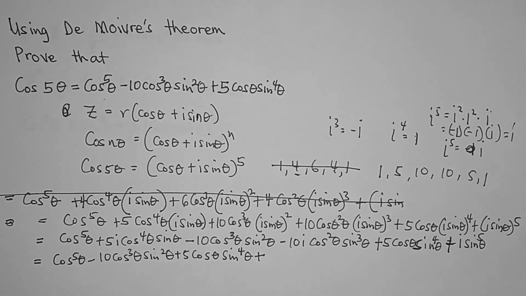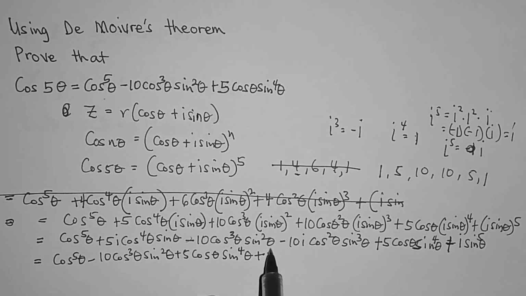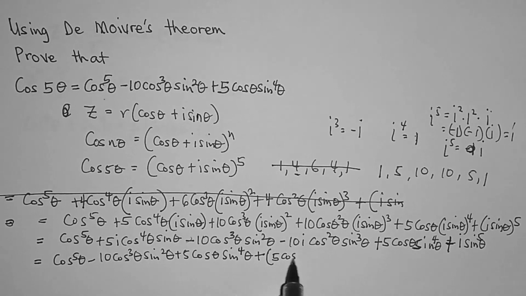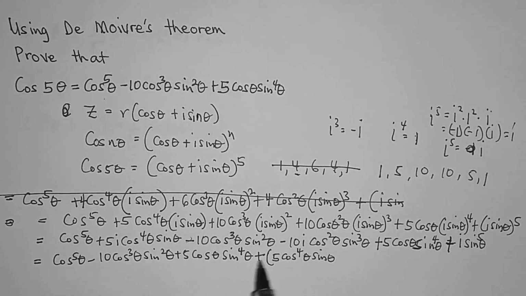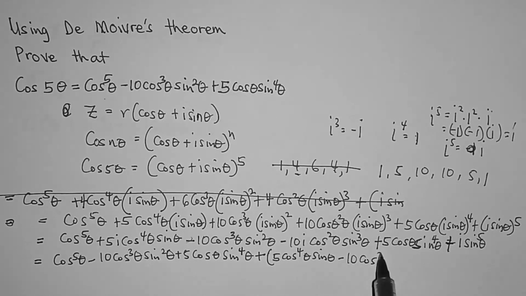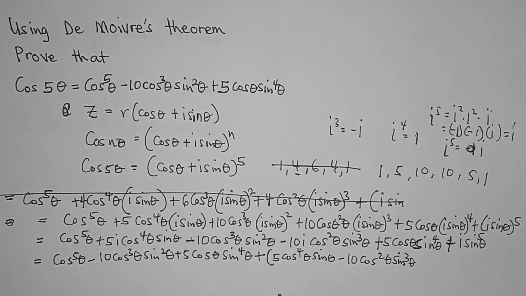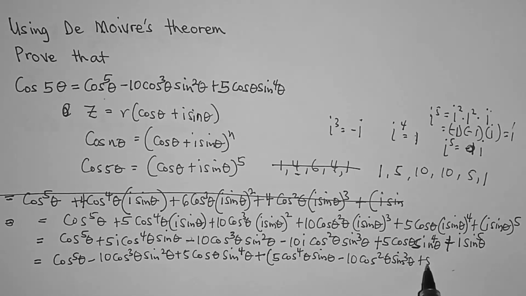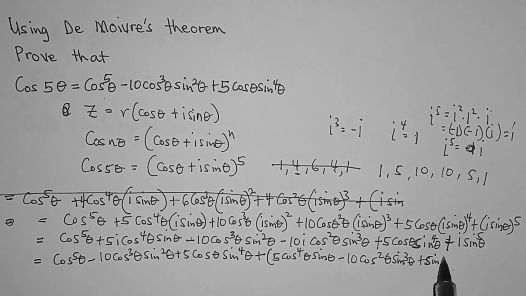Plus 5 cos theta exponent 4 sine theta, and we also have minus 10 cos squared theta sine cubed theta, and the last one is plus sine theta exponent 5, times i.